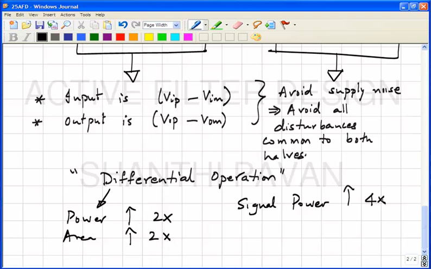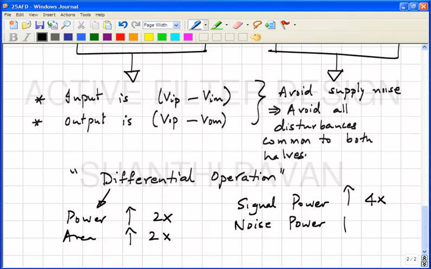What about noise power? Gone up, gone down? Gone up. Why? You have two filters, both of them are producing noise. The statistics of the noise will be the same, but they will be uncorrelated. So, what do you think will happen to the noise power?